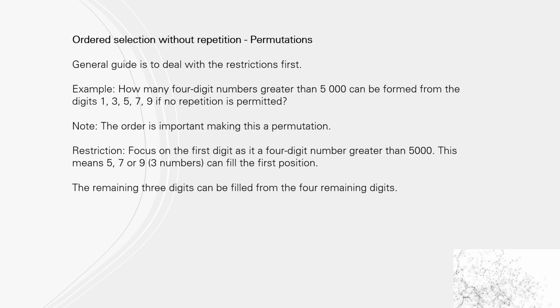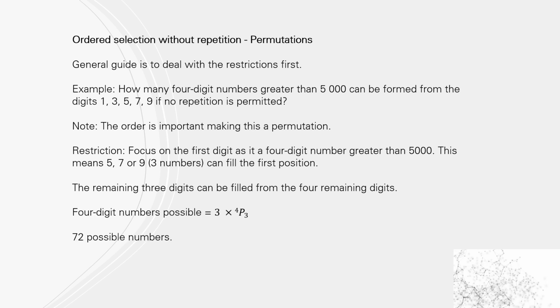Order is important, and the restriction is on that first digit. Only the 5, 7, and 9 can fill that first digit to make it a 5,000, 7,000, or 9,000 number. So 3 numbers can fill that first one. The remaining 3 digits can be filled by any of the 4 remaining digits once you put one of those first ones in.